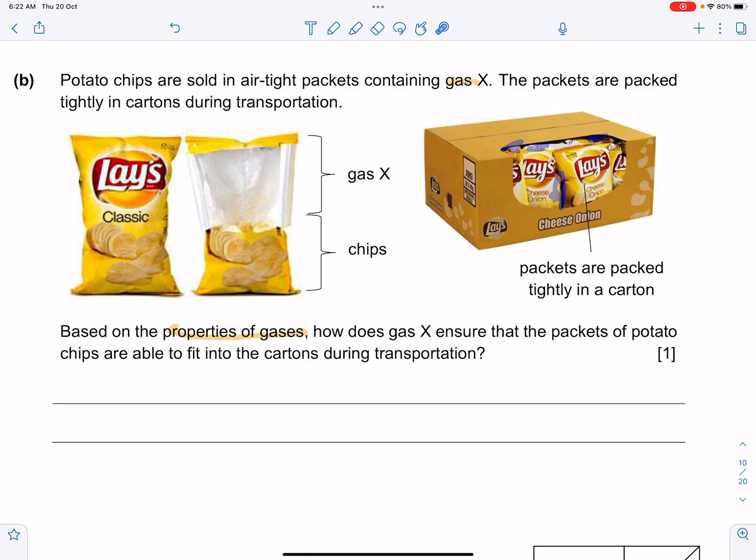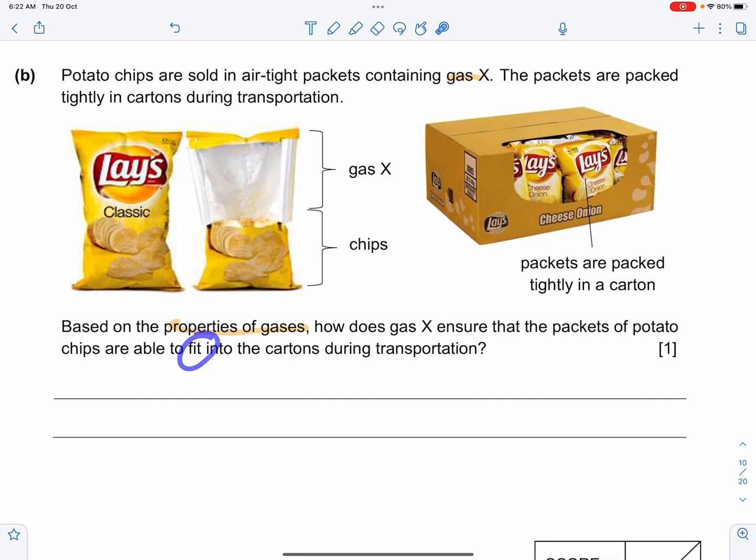So by being able to not have a definite shape, it also means that it can fit nicely and snugly. The shape can change a bit so that it fits into the box. Another thing is about it being able to compress, right? So that it can fit, literally be compressed a little bit. Okay?